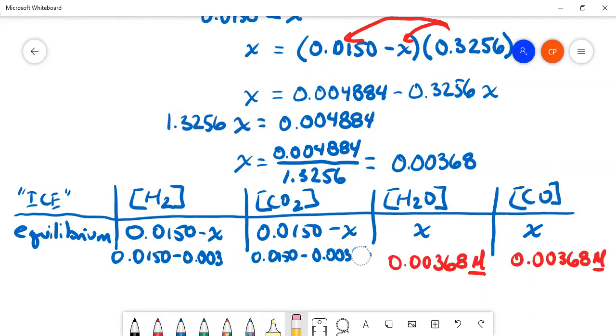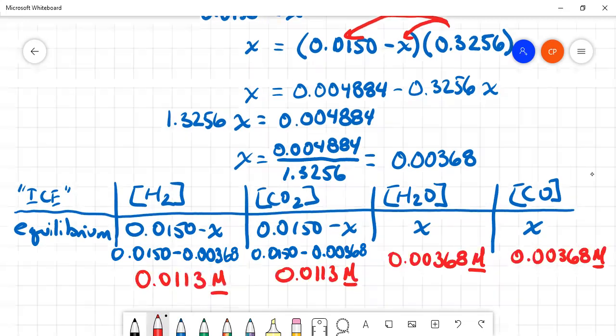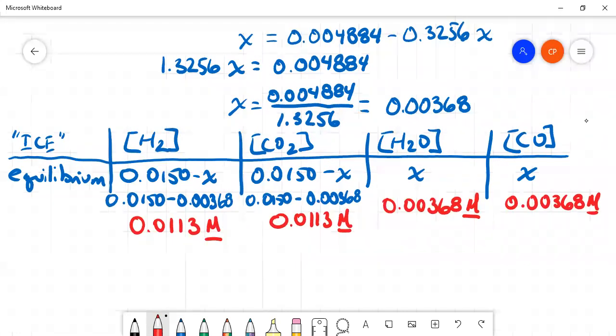But by all means, interrupt me when I write something down that's incorrect. Yeah, it gives me a difference in that final significant figure I come up with. The result there is 0.0113 molar. Okay?